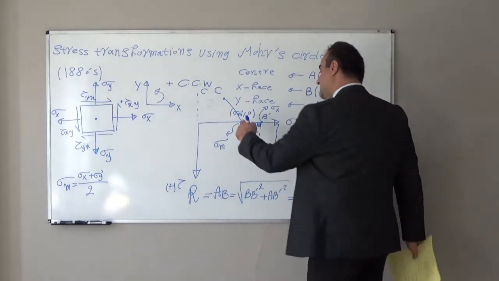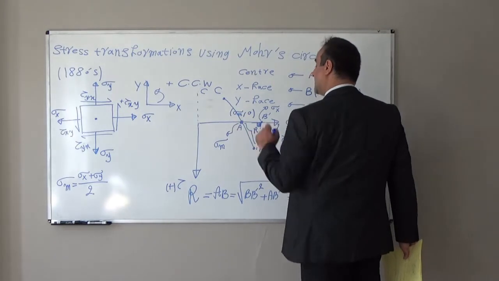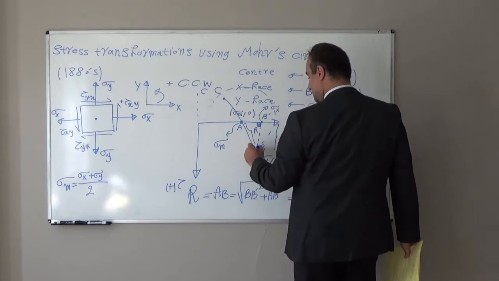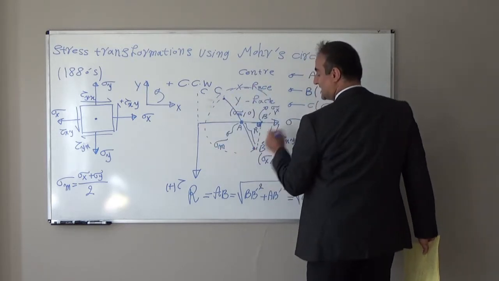If we rotate this R with respect to point A, the center point, we will draw one circle. I show this circle with a dashed line.